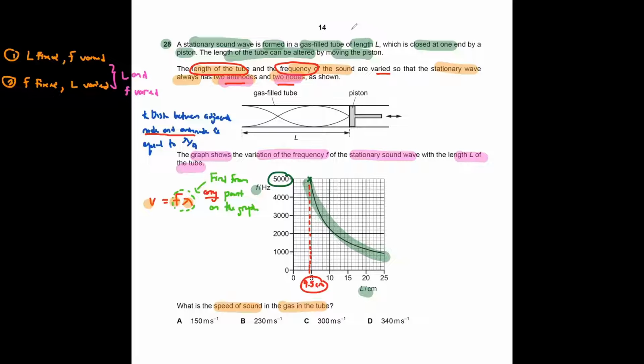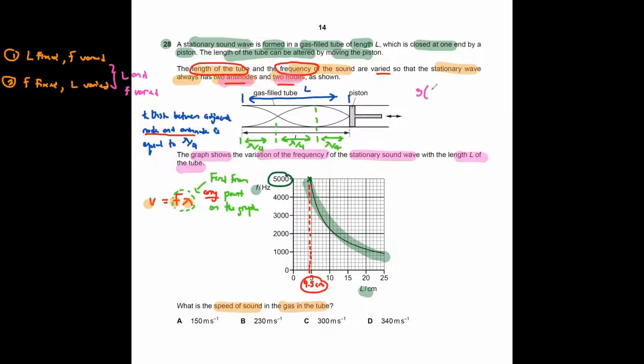So here you should have quarter lambda here, and then this one will be quarter lambda, and this one will also be quarter lambda. So for this full length L that you have, you actually have 3 quarter lambdas.